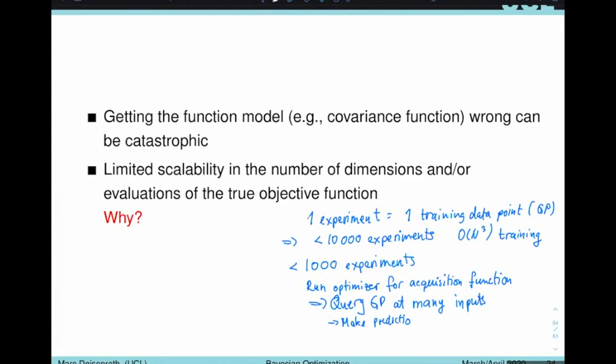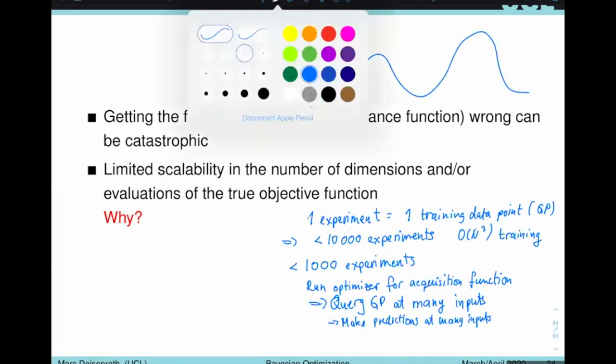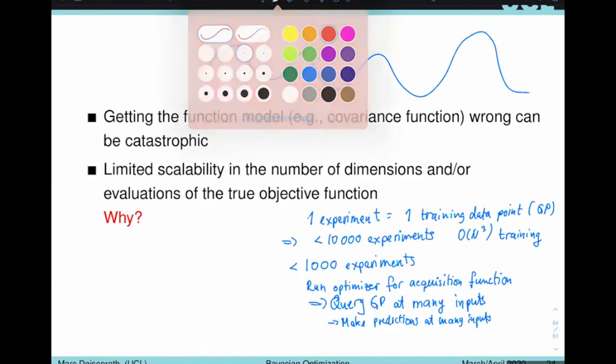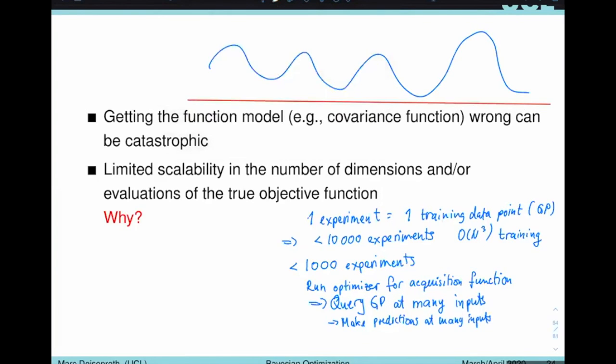So for example, if we just in a very naive way wanted to find the maximum of this function, what we could do is, if this is the x-axis, define a regular grid on this axis and then query the Gaussian process at every one of these inputs.